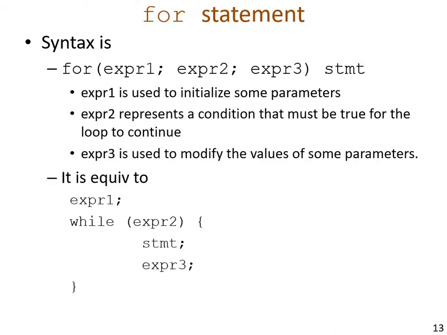Then when it comes to the for statement, you will have the initialization, the condition, and the increment or decrement. All these three will be in a single parenthesis, but they are separated by semicolons. Please do remember this. When you are in a while loop, you have to write the initialization statements above the while loop. Then in the while loop, after your statements, you have to write your increment or decrement.